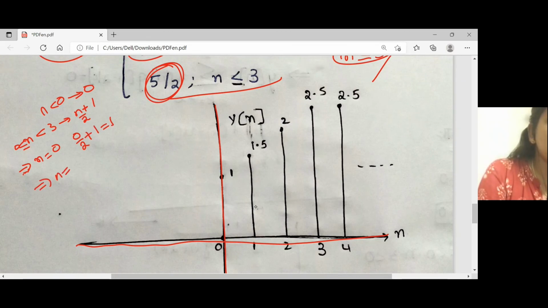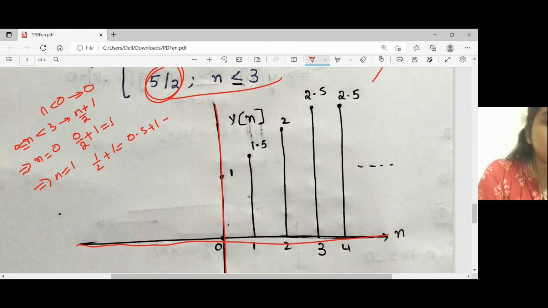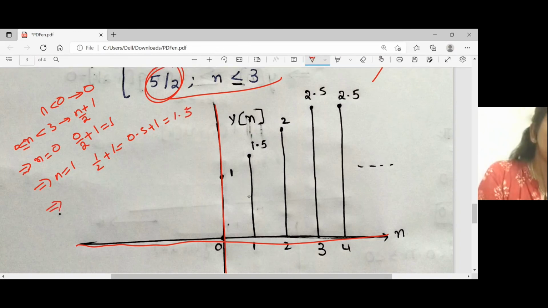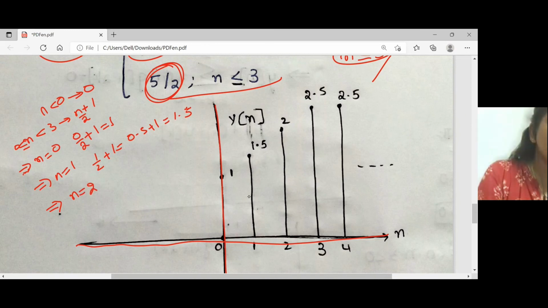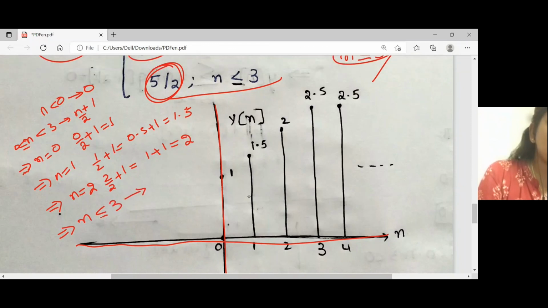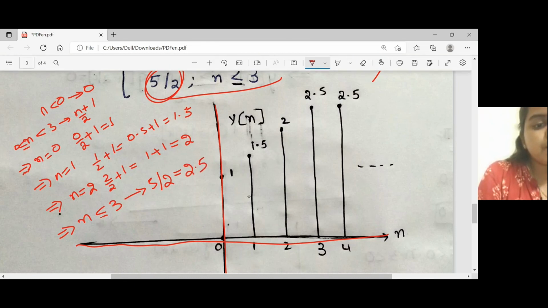When n is equal to 1, 1 by 2 plus 1, that is 0.5 plus 1, 1.5. When n is equal to 2, 2 by 2 plus 1, that is 1 plus 1, which is equal to 2. Now, for n greater than or equal to 3, the value tends to be 5 by 2, that is equal to 2.5.